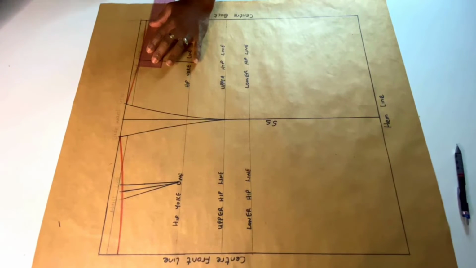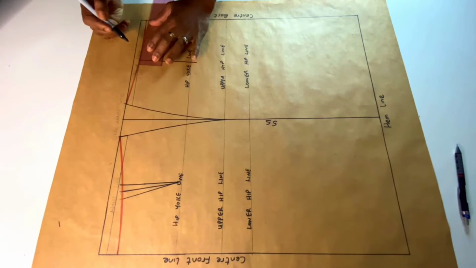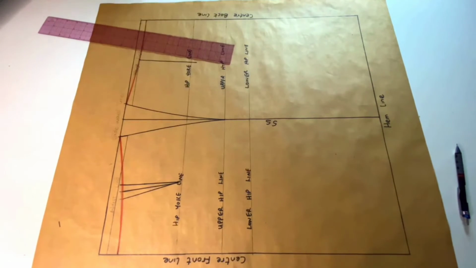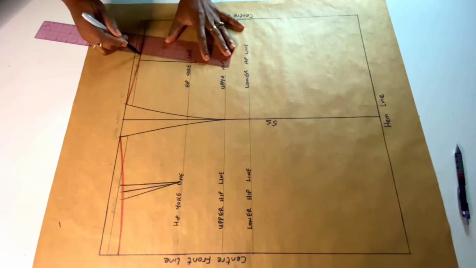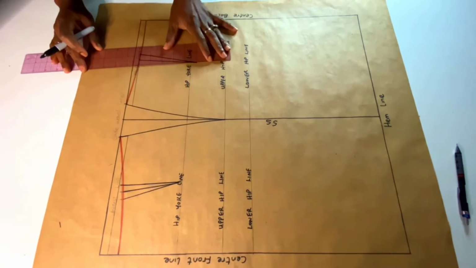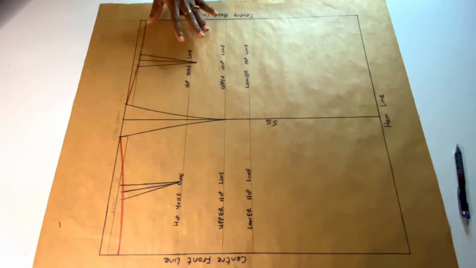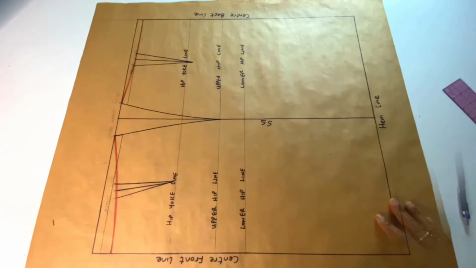Next, we mark half of the back waist dart intake on each side of the dart center point and draw the dart legs as well. So we'll draw in the dart legs now. Having done that, our skirt block is now completed.